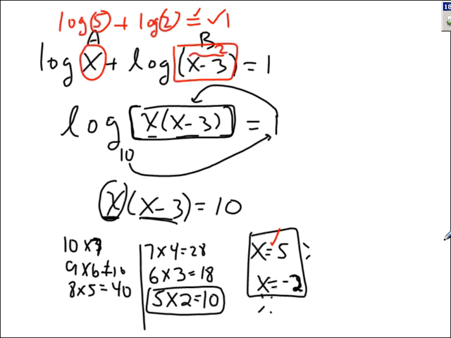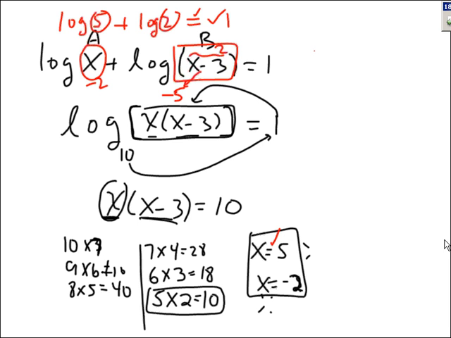Negative 2 will not, because if x is negative 2, then I'm taking log of a negative number. It's enough just to find one case where it'll make x negative or 0. And for the record over here, negative 2 minus 3 is negative 5. I'll be taking log of a negative number.